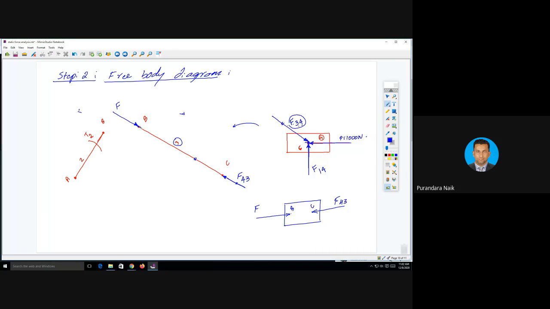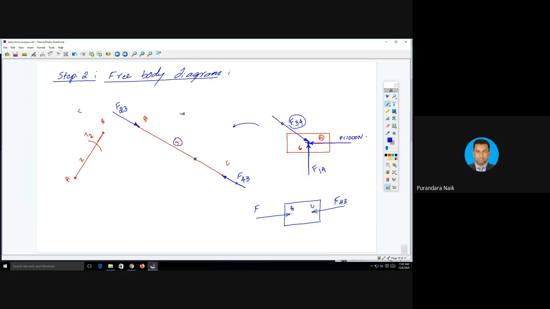Point B is a common point on link number 2 and 3. Now, this force is acting by link number 2 on link number 3. What is the magnitude of F23? F23 is equal to F43. Correct? Equal and opposite. Then only the system will be in equilibrium.